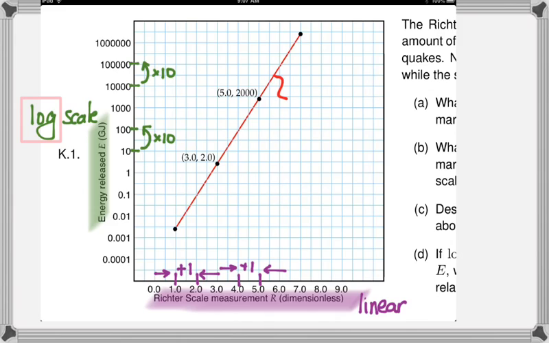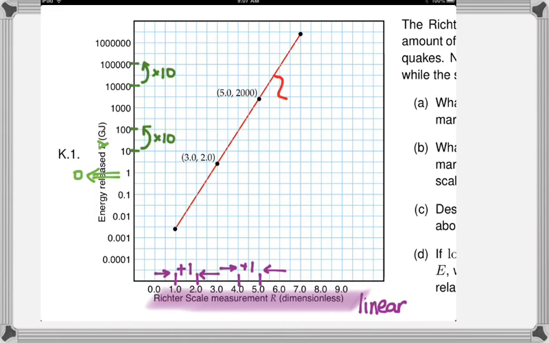Let's go one at a time here. Starting with what's the common logarithm, according to the work you did yesterday? What's the common log of the number 1? 0. So here what I'm doing is instead of plotting the energy itself, E, I'm going to plot log of E instead.